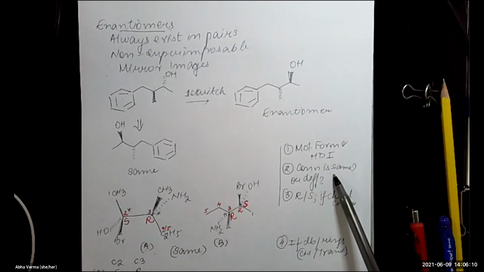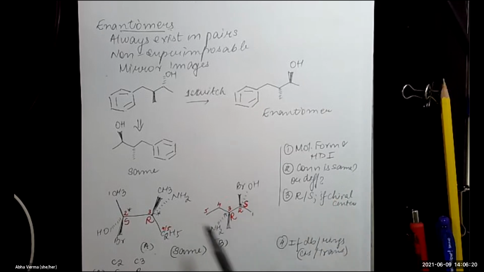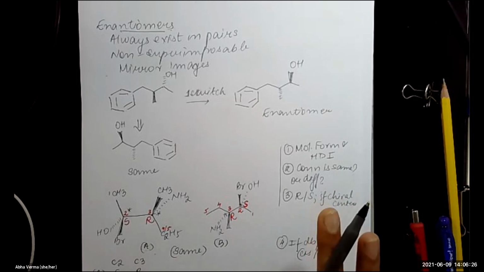But if the connectivity is exactly the same, then you check for chirality. If there are no chiral centers, you can just state those two isomers are exactly the same. But if a chirality center is there, it is too early for us to say they are the same.